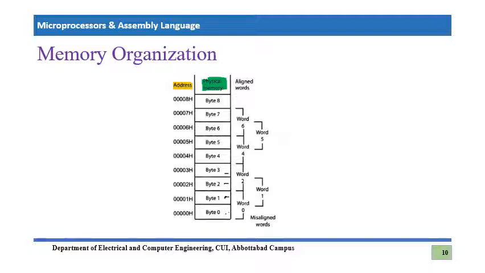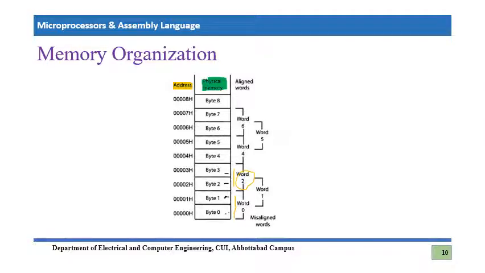Furthermore, if you combine two bytes in one word, it is equal to one word. Like here, byte 0 and byte 1 form word 0. Similarly, byte 2 and byte 3 combine and create word 2.